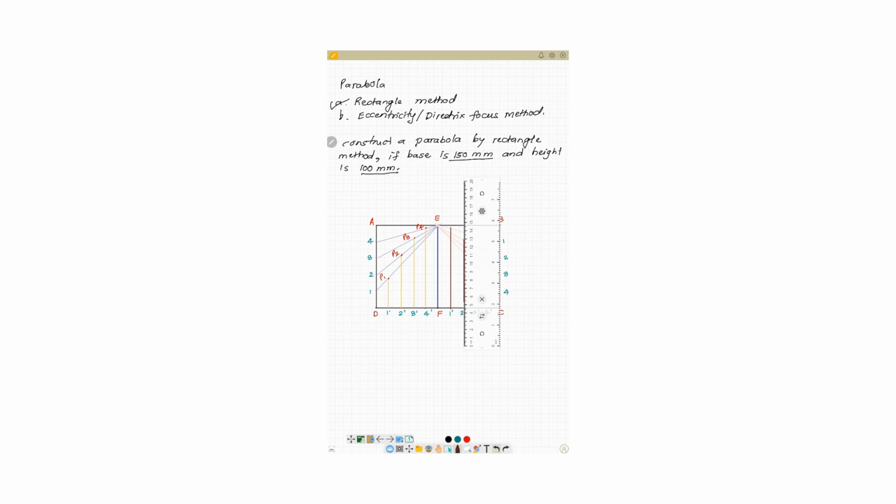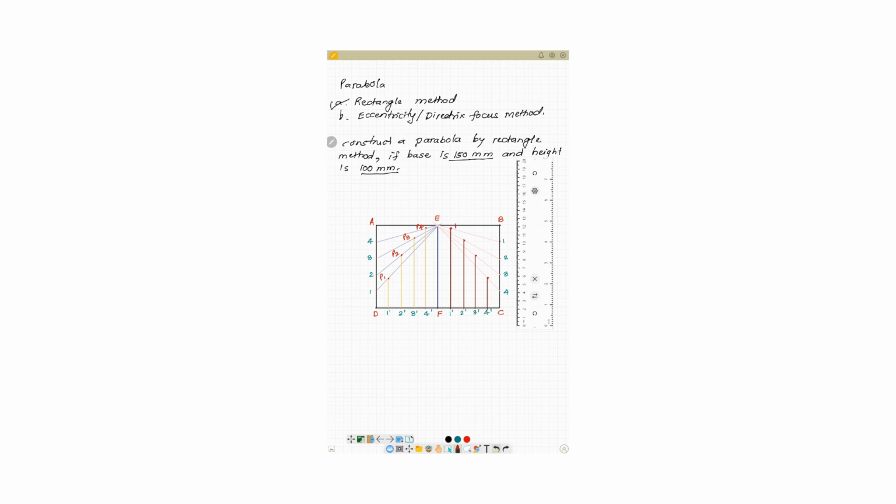Then we'll draw a line passing through point 2 dash, then through point 3 dash, and lastly through point 4 dash. So we will get the respective points. This is a point, this is also a point, this is also a point: the intersection of 1 dash with E1, 2 dash with E2, 3 dash with E3, 4 dash with E4. So these are the points.